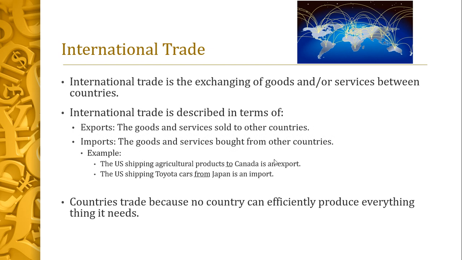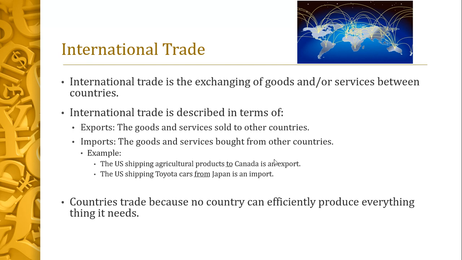So let's look at international trade first. Most of you know, because we've talked about it since we were talking about Southwest Asia at the beginning of the year, that international trade is when different countries exchange goods or services between our countries. We have exports, which is when, for example, the United States sells things that are made and manufactured here inside the borders of the US to other countries.